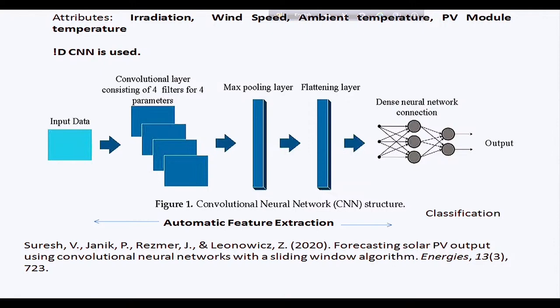If we apply the 1D CNN, the CNN has different types of layers. This is known as a convolutional layer, this is a max pooling layer, this is a flattening layer, and this is the neural network. When the input data is submitted, there are different types of filters. The filters work on the input to detect the features. The filter is nothing but a certain kind of window.